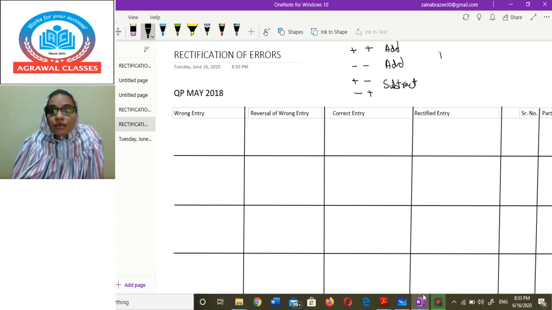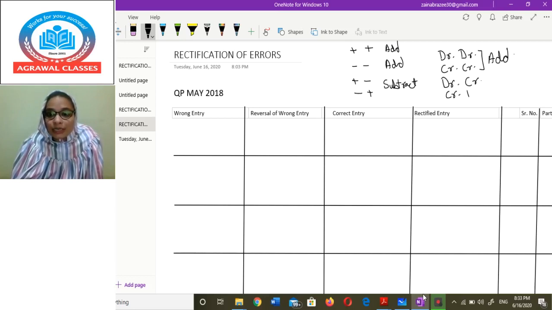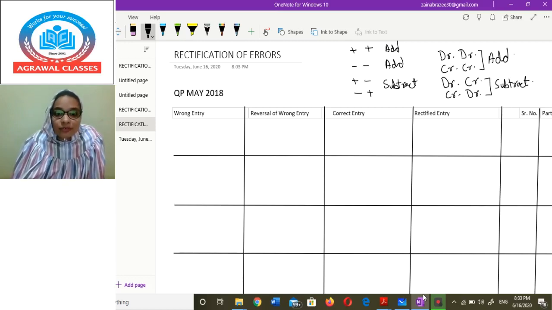Similarly in accounts, if it is debit and debit or if it is credit and credit, you actually add. And whenever it's opposite, debit credit or credit debit, you subtract. Therefore, if you want to increase, let us write this also.